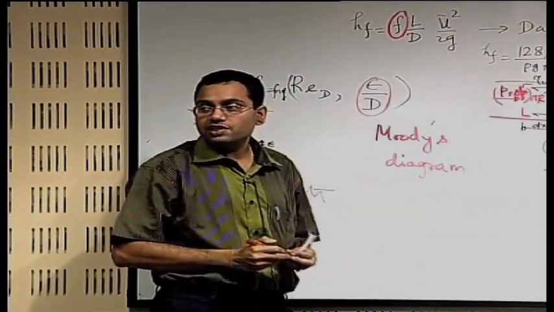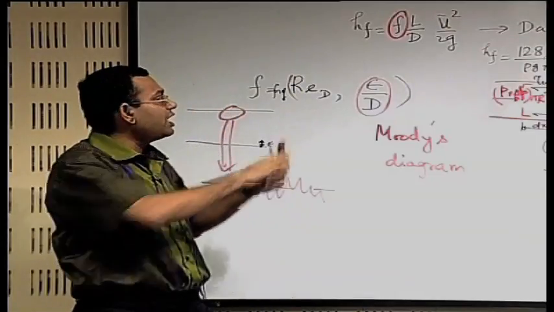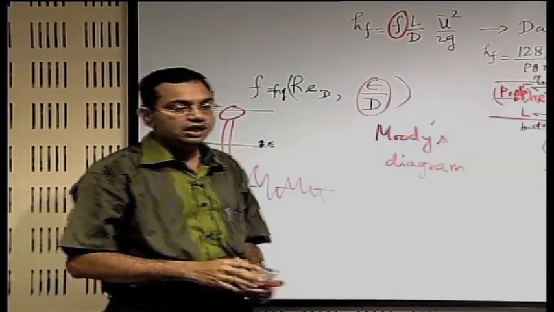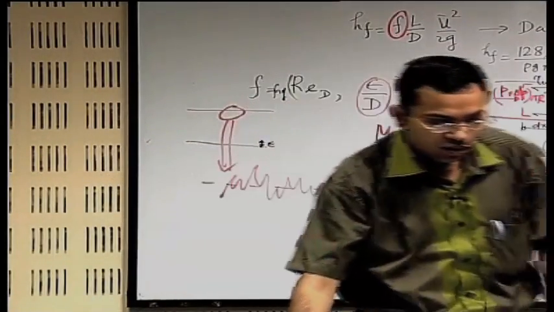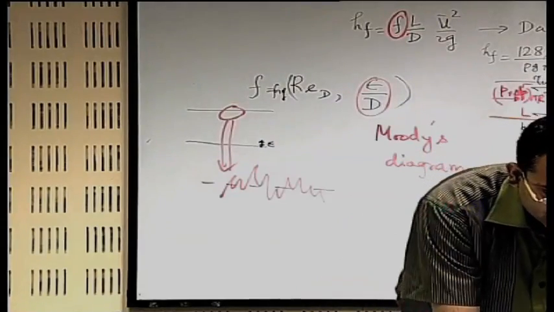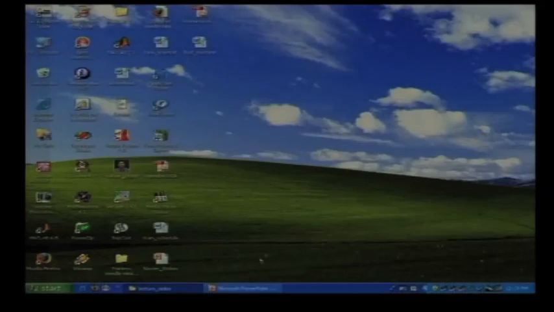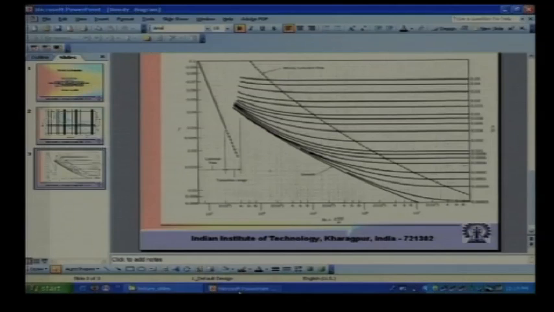So Moody's diagram is a chart which summarizes the friction factor as a function of Reynolds number and epsilon by D for a wide range of Reynolds number, and we will now see how the Moody chart looks.